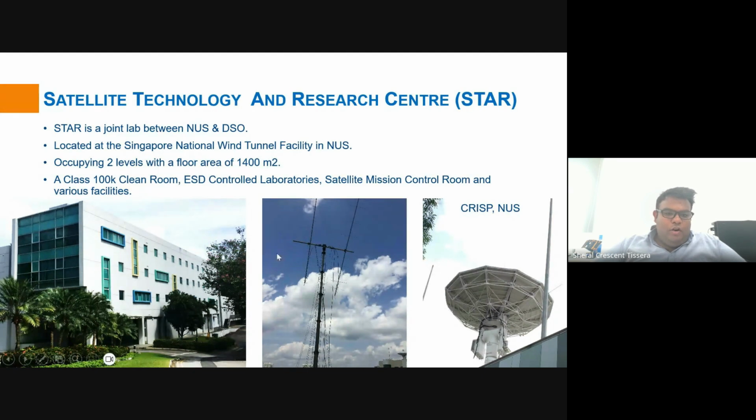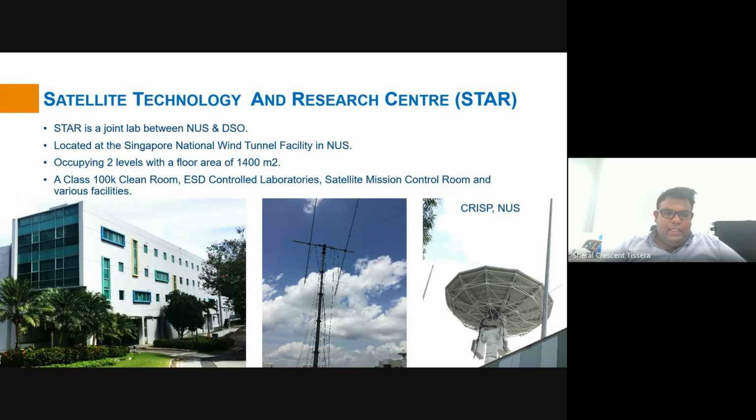In the picture on your left, if you can follow my mouse pointer, you can see there are 3 levels in this building, and STAR Center occupies 2 levels, the first and the second floor, with a total floor area of about 1,400 square meters.